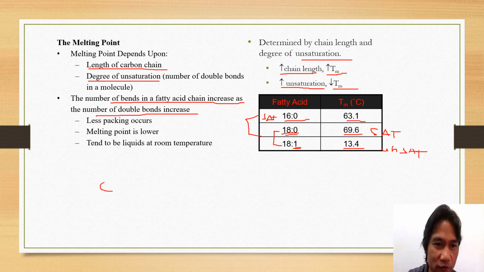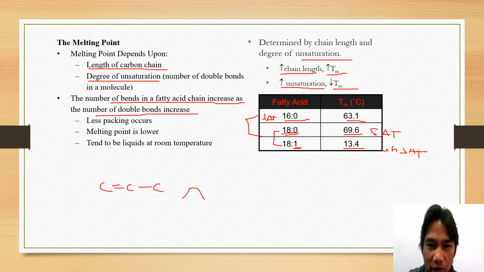The double bond in a fatty acid creates what we call bends. The number of bends in the fatty acid increases as the number of double bonds increases. So the more the double bonds, the more the bends.